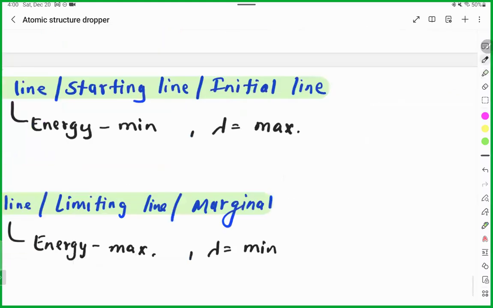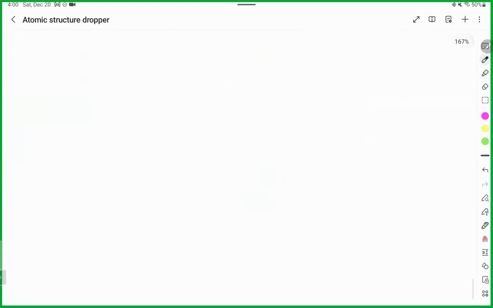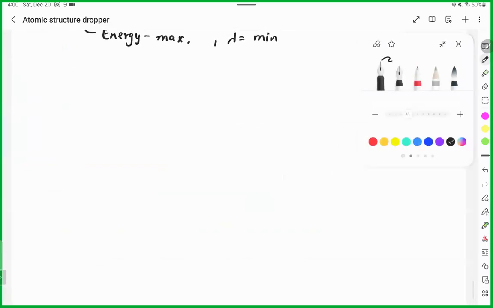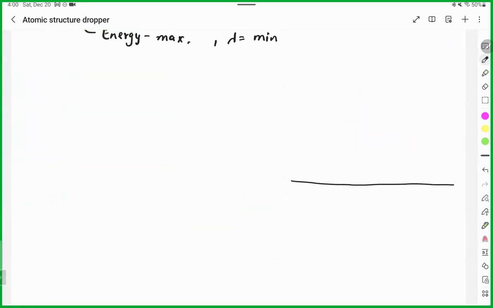Okay, I'll show you and I'll draw this again only for this small part. Example. I am talking only about the Lyman series. In Lyman series, n1 value is always one, and n2 value can vary.